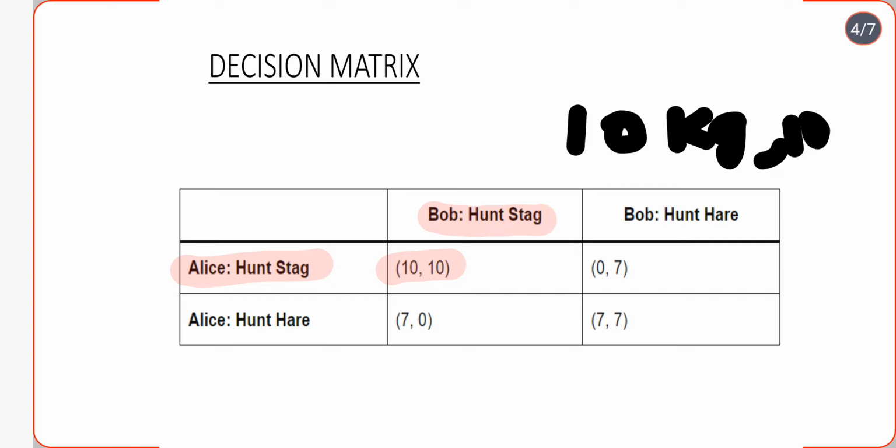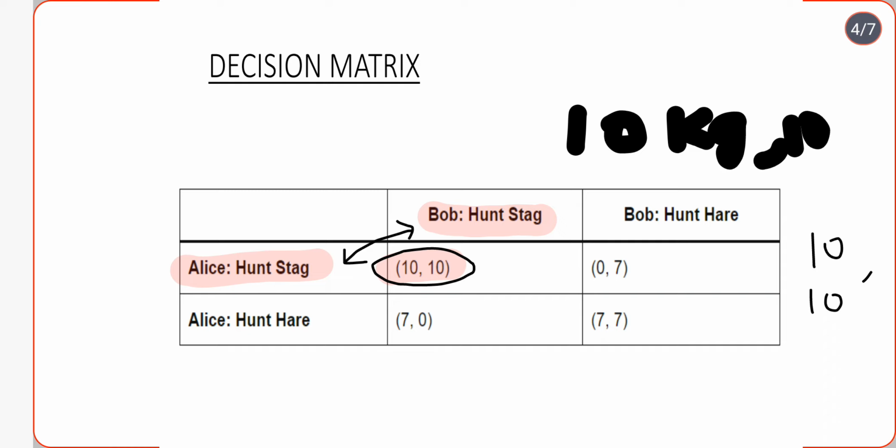If both of them are supporting and trusting each other and trying together to hunt this stag, then both get 10 kilos of meat.